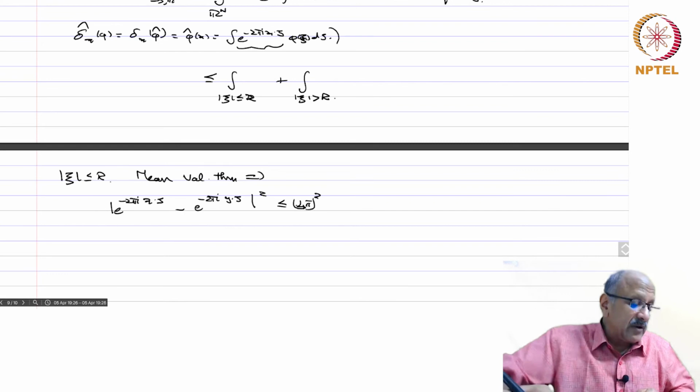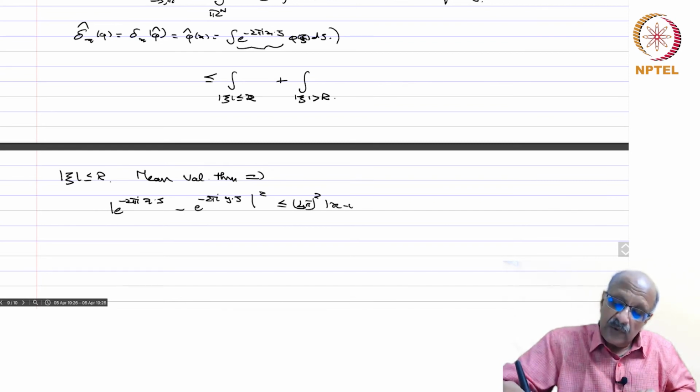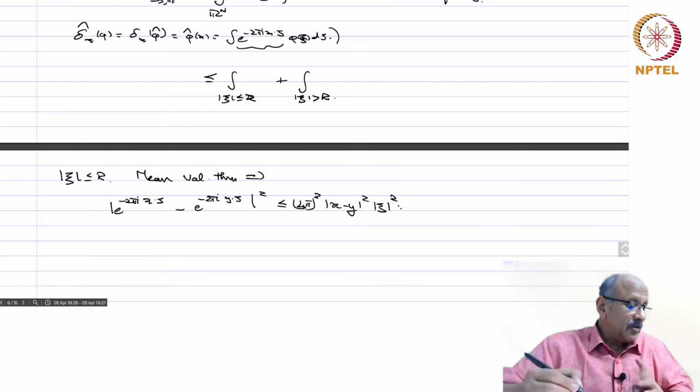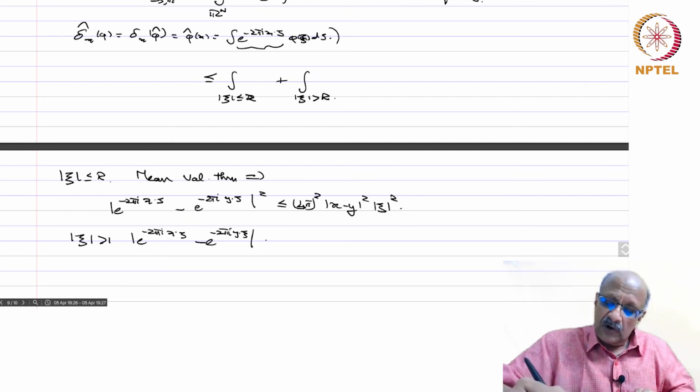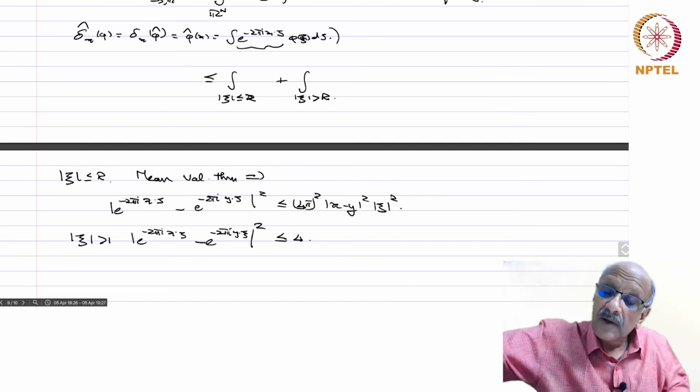I just take the derivative; it's just the mean value theorem. And if mod psi is bigger than r, then each of e to the power minus 2 pi i x dot psi and e to the power minus 2 pi i y dot psi has modulus 1, so the difference is less than or equal to 2 in modulus, so the square is less than or equal to 4.